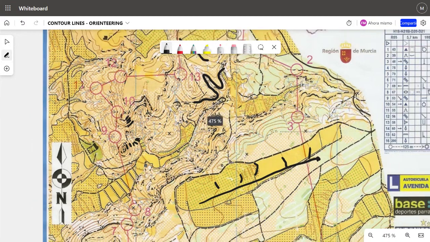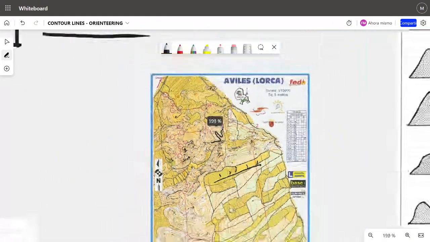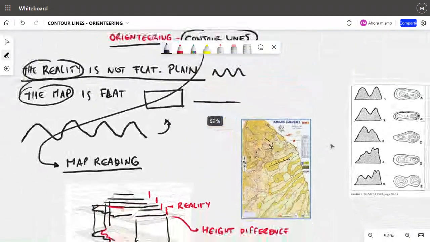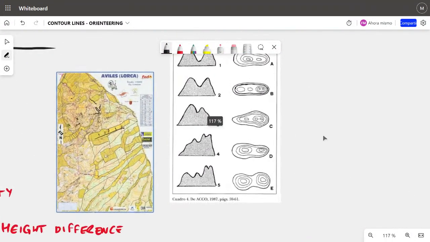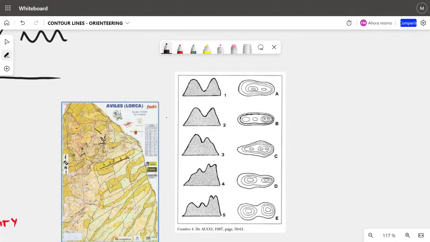No tiene tantísima inclinación. To finish the video, I am going to remind you of some examples that we have been seeing in class. We have done it with all of you, with all the classes, and we have learned how to match these mountains with their representations in a map.